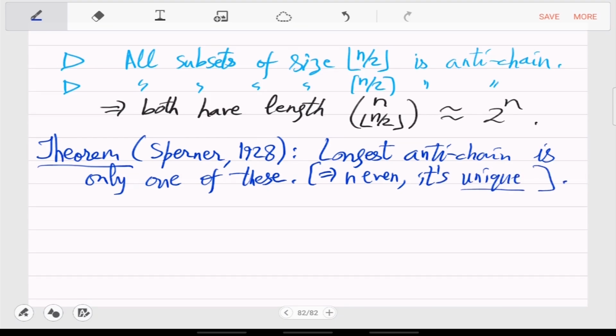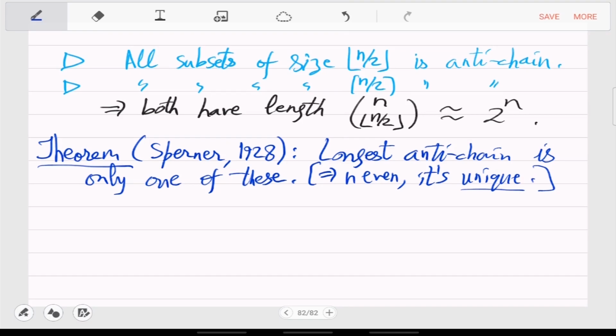If you take n to be 100, then the longest anti-chain is a unique collection of subsets, and this is exactly all the 50 sized subsets. And if n is 101, then you can do it in two ways. You can either collect floor of 101 by 2, that's 50, or 51.